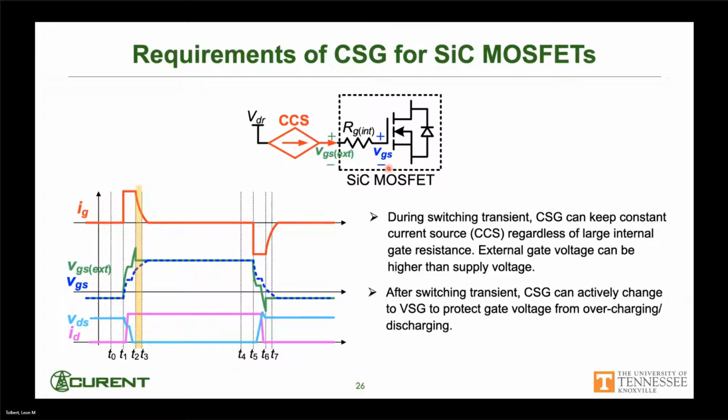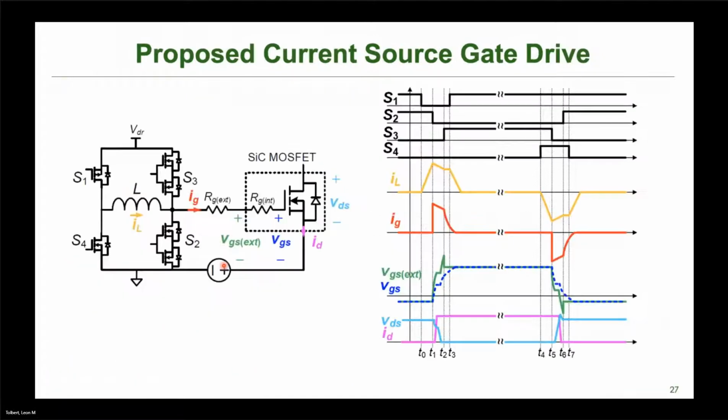And then our hope is that after that initial switching transient, when we're turning things on, during this period it acts more like a voltage source gate drive, so that we don't overcharge or overdrive the device. That's another constraint that we need to worry about.